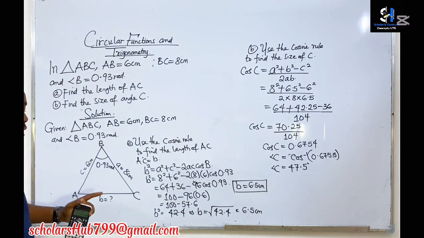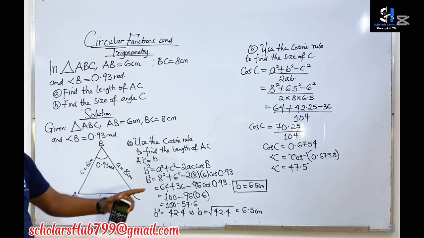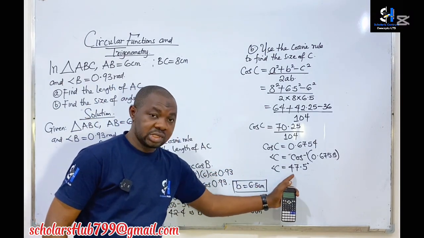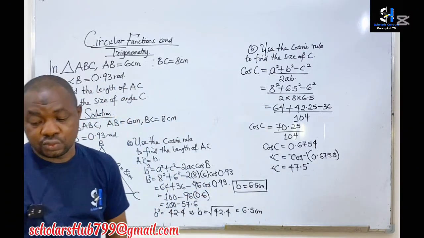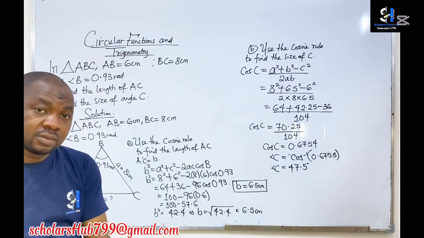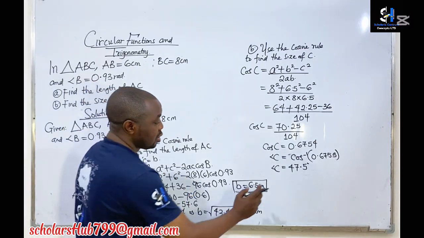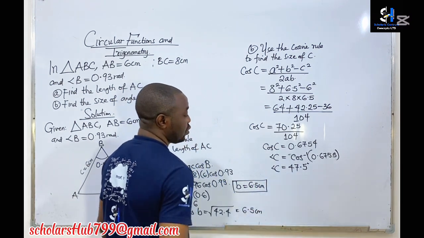And let's not forget that the size of angle B is in radians. So it is important for us to convert the size of angle C from degrees to radians.